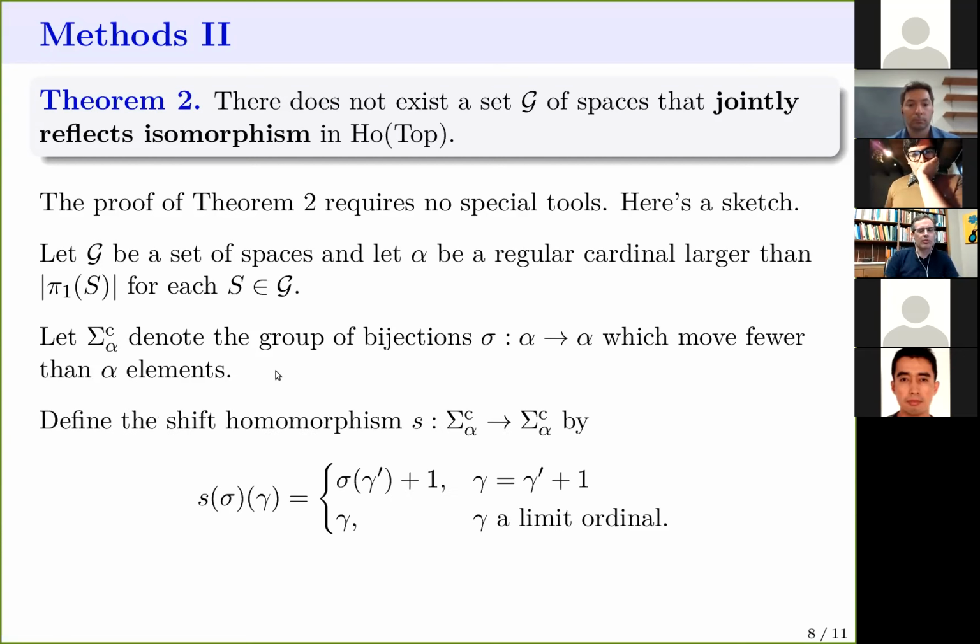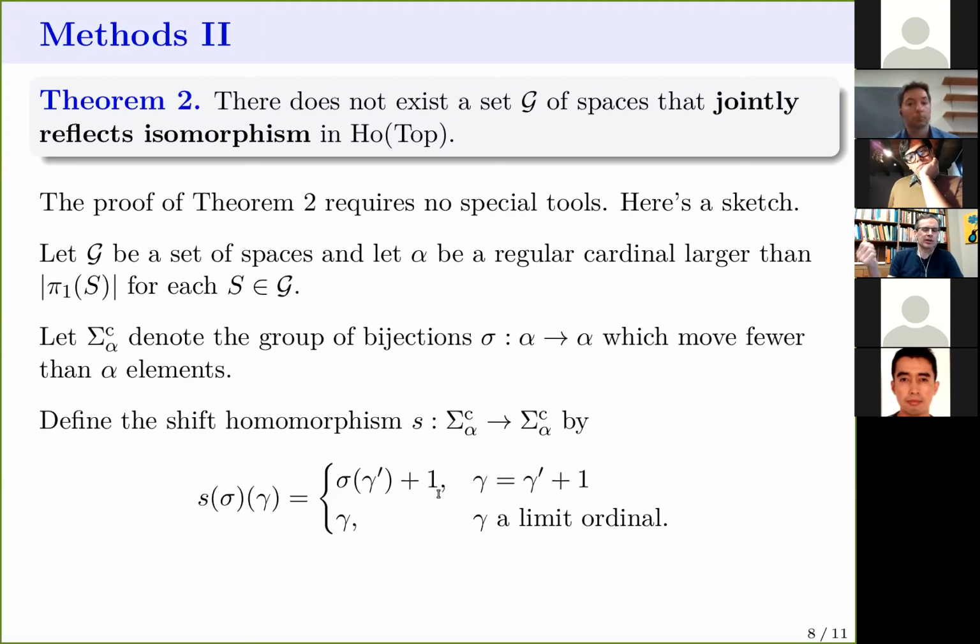And then I define a homomorphism, S, from this group to itself. It's basically conjugation by the predecessor map. So sigma here is one of these compactly supported permutations. S sigma is a new permutation, which takes as input an ordinal gamma, which is less than alpha. If gamma has a predecessor, gamma prime, then I just apply my permutation to gamma prime and then take the successor.